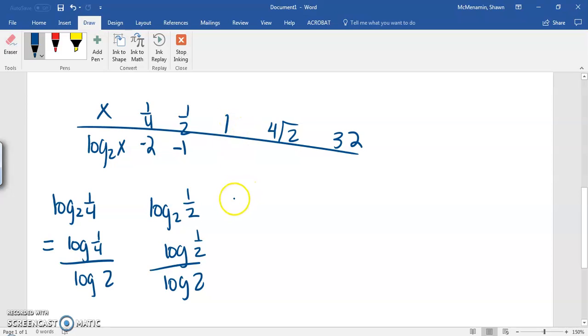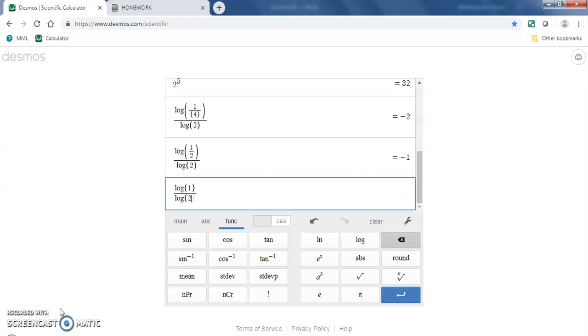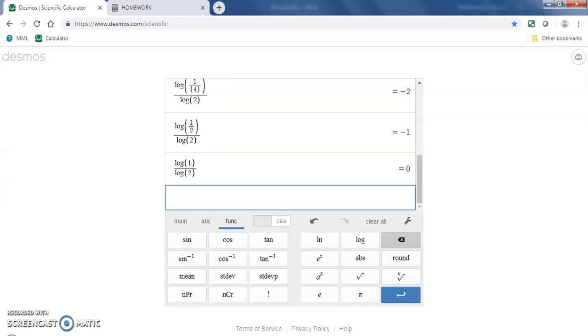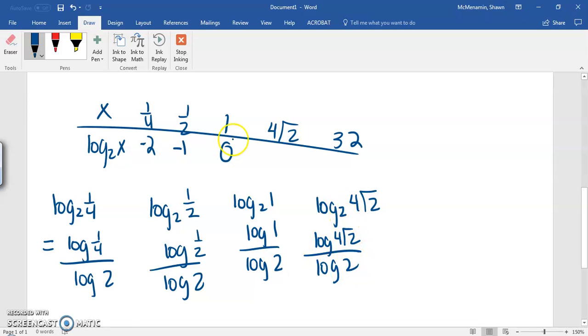And now plug in 1, so you have log base 2 of 1, so this becomes log of 1 over log of 2. In your calculator, you have log of 1 divided by log of 2, and you get 0. And then log base 2 of x, where x is 4 square root 2, so this is going to become log of 4 square root 2 divided by log of 2. Your base goes on the bottom.